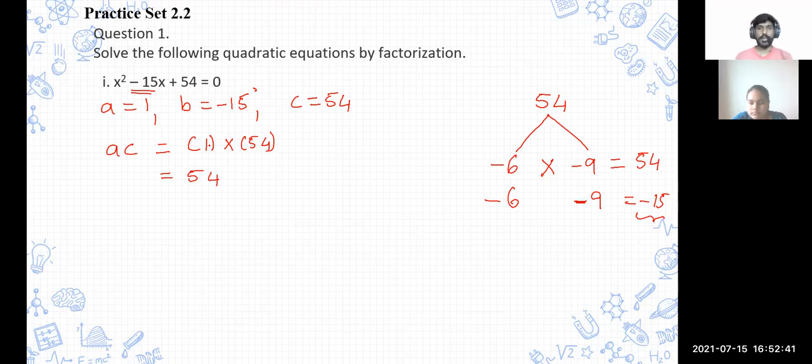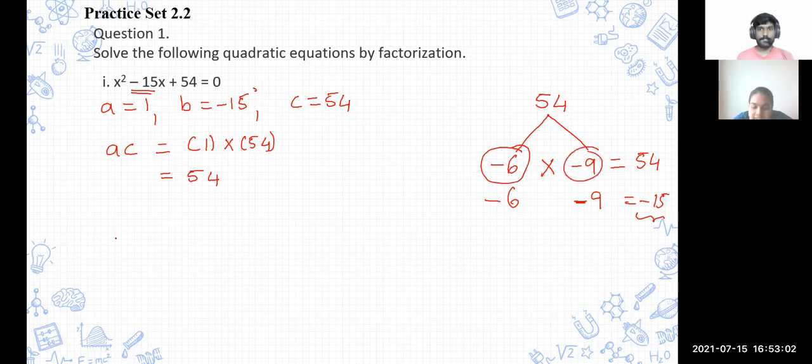Okay, coming back to this sum. Did you understand the splitting technique? So the splitting will become minus 6x minus 9x. So you are getting two new terms here, minus 6 and minus 9.